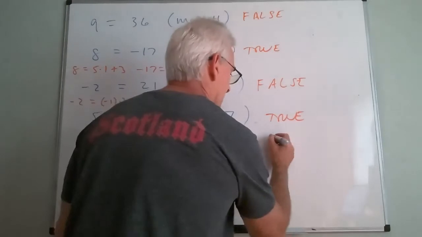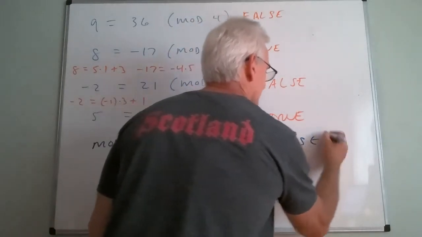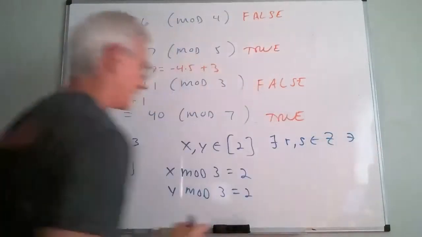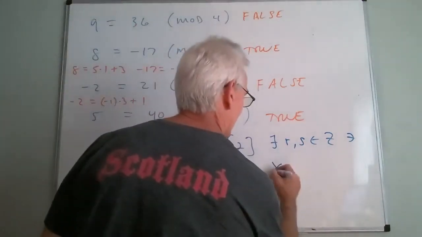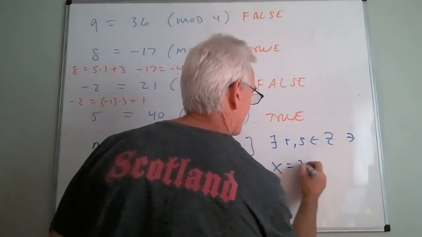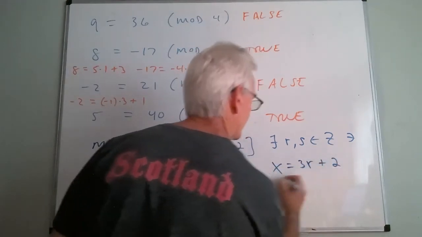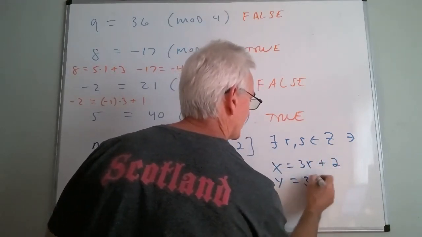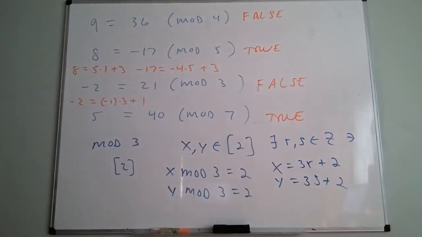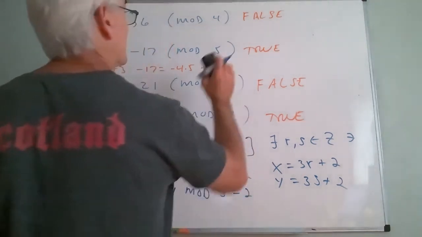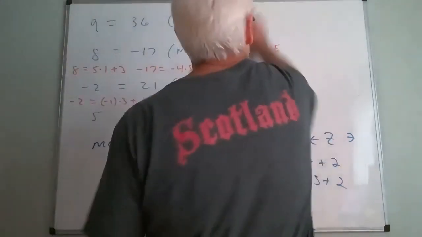Then there exists an R and an S in the integers such that X equals 3 times R plus 2, Y equals 3 times S plus 2. Is that also a true statement? Yes.